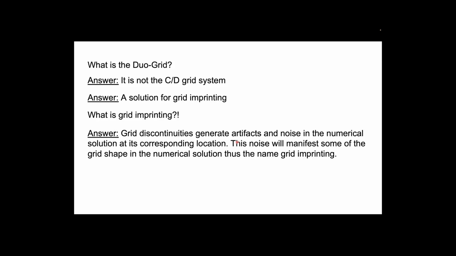So if we are integrating over grid lines, and one of these grid lines has a discontinuity, then that discontinuity will also cause a discontinuity in the numerical solution. And then we will see the shape of the grid in the numerical field.